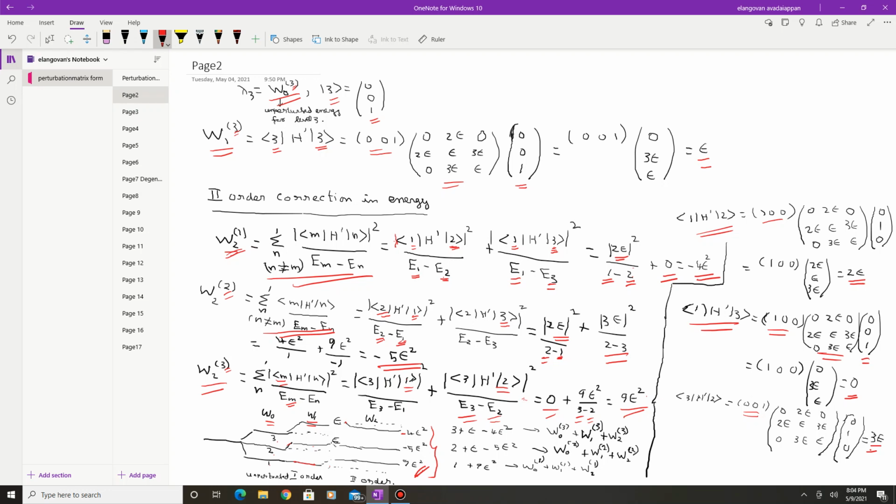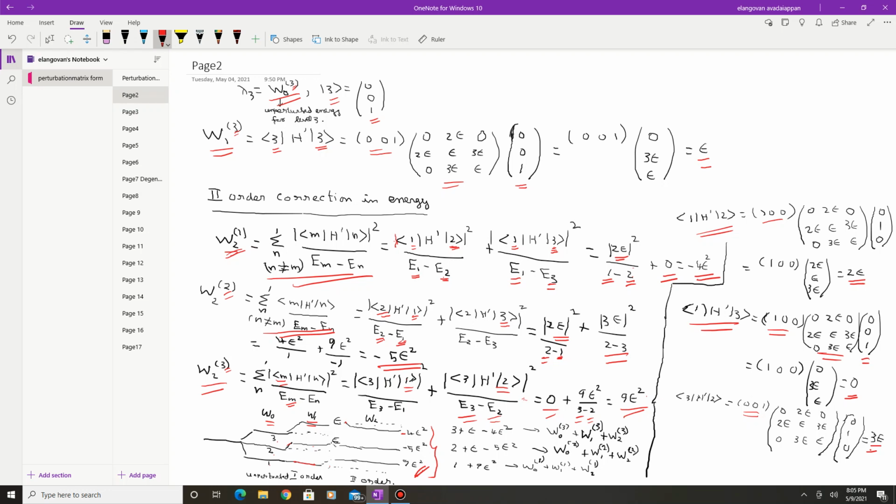Usually when the first order correction is 0, then we have to go for the second order. When the first order correction is available, we need not go to the second order, because the second order correction is very small. So if the first order correction is available, we can stop at that particular level. Once the first order correction is 0, usually you have to go for the second order correction.